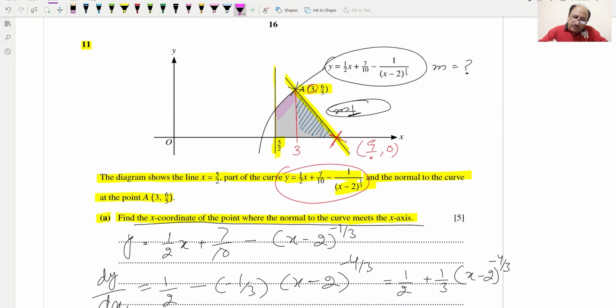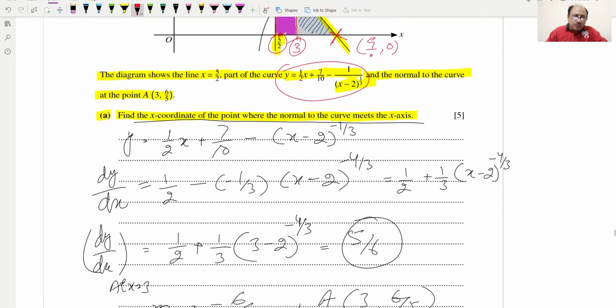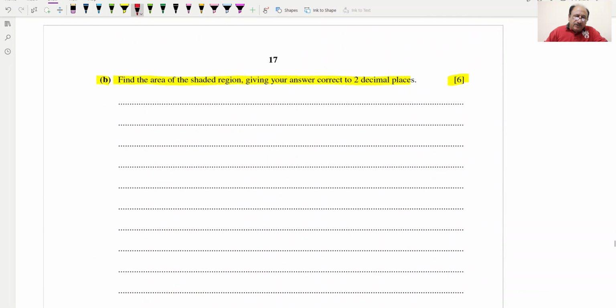We will find the area under the curve by integration, and the integral limits will be from 5 by 2 to 3. So we will use this curve equation, take integral limits from 5 by 2 to 3, and we will be adding those two areas.